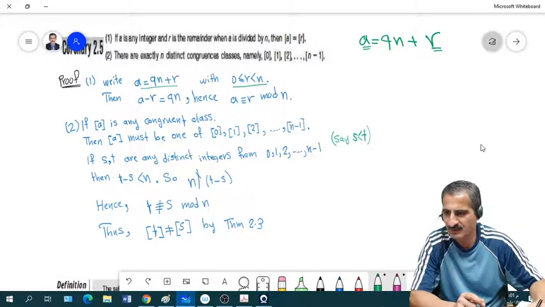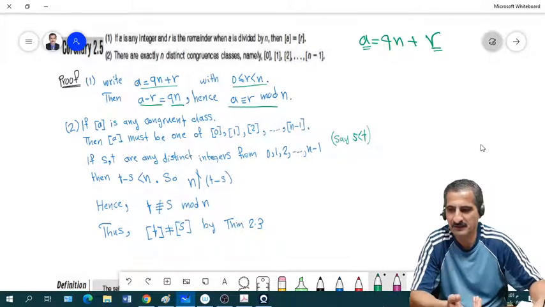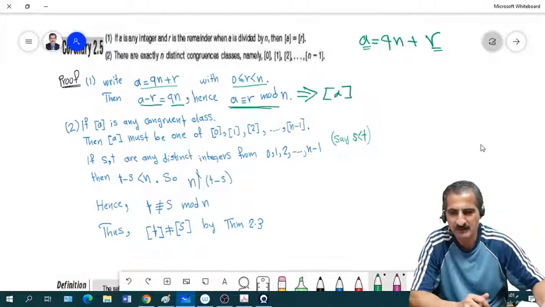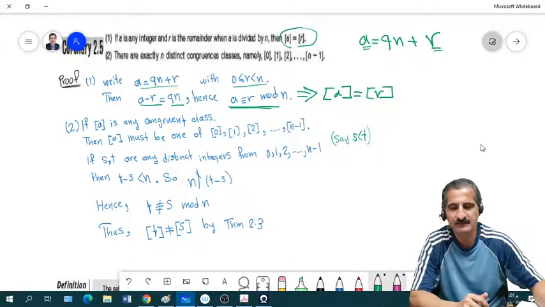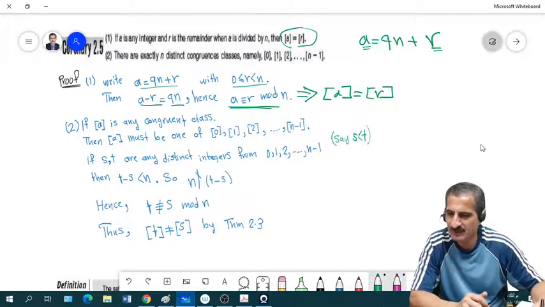So that means a minus r is a multiple of n. Okay, which means a and r are equivalent modulo n. And since they are equivalent modulo n, then they have the same equivalence class. Okay, let's prove the other parts.